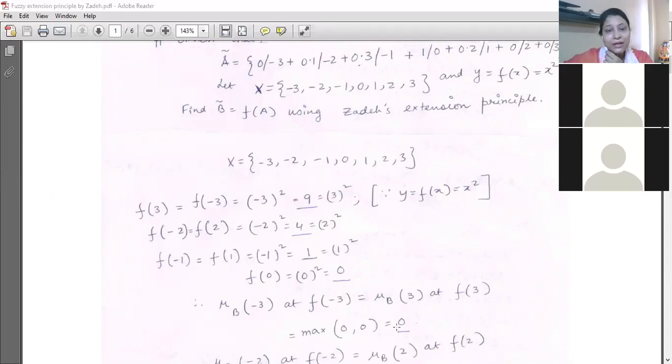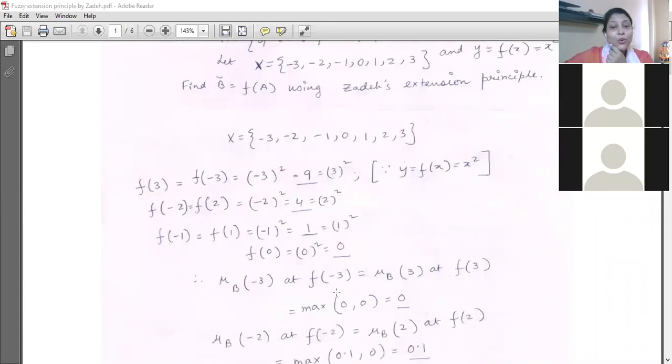You can simply take 0 as the max of this 0 and 0, the two degrees of membership values at f of -3 and f of 3, and you will have the new degree of membership at new linguistic variable 9 as 0. That means you find the first value of this new fuzzy set B as 0 by 9, right?